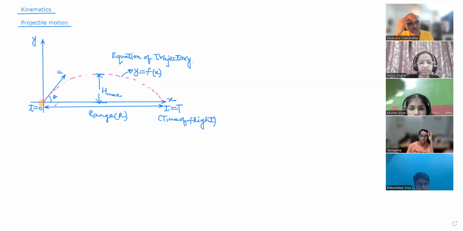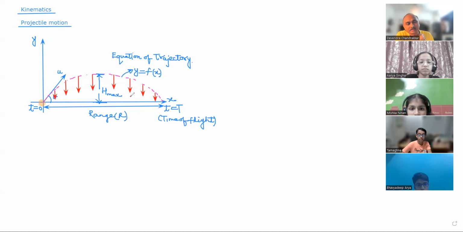So the gravitational pull of the Earth will bring in the acceleration due to gravity. The particle, wherever it is, is always pulled down towards the center of the earth, like this.